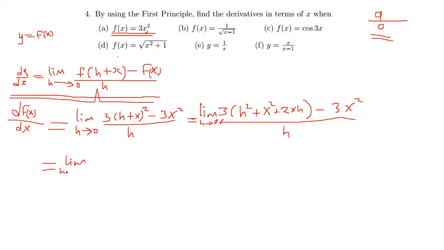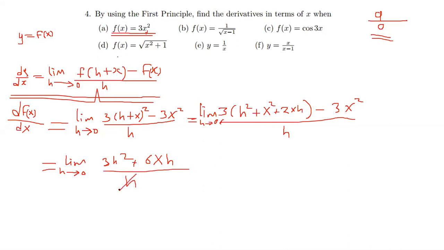So when h is approaching 0, the limit of this, I'm going to remain with 3 times h squared, which is 3h squared, and then 3 times 2xh, plus 6hx, which is again divided by h.